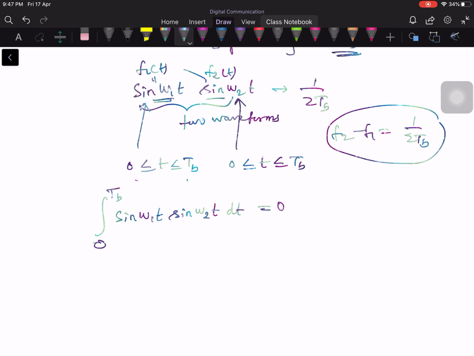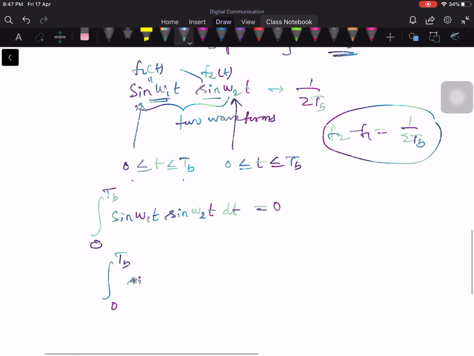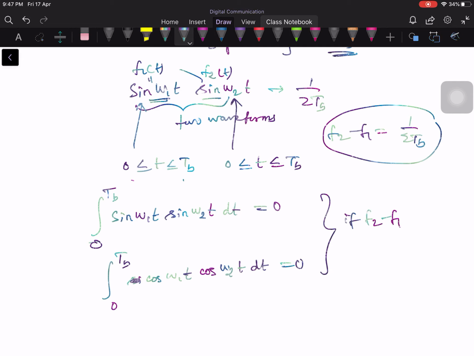Or you can say two cosinusoidal waveforms over 0 to TB: the integral of cos ω1t times cos ω2t dt is also equal to 0, provided F2 minus F1 is at least 1 over 2TB, because this signal exists from 0 to TB, and cos ω2t also exists from 0 to TB.